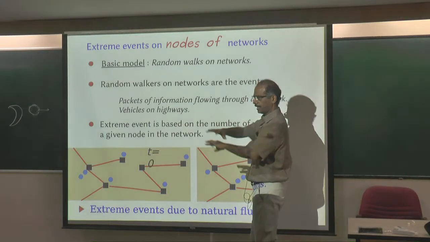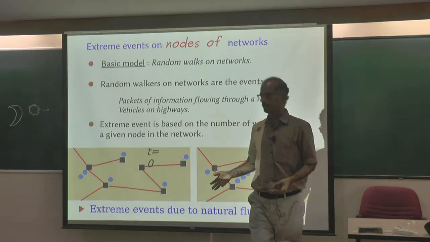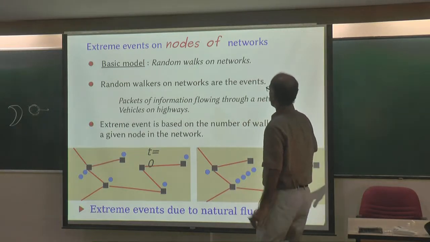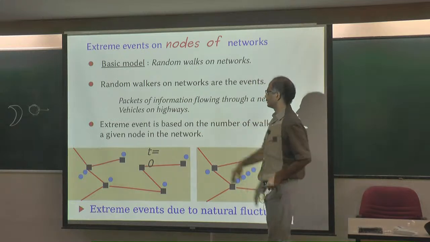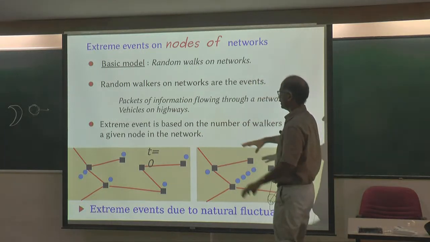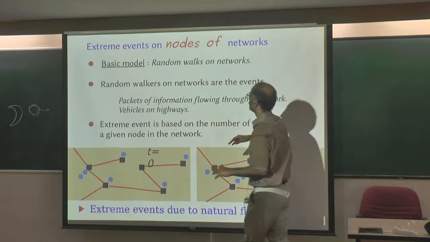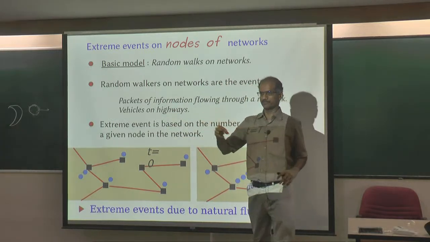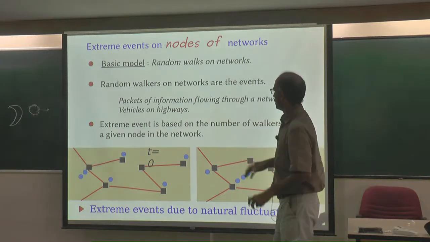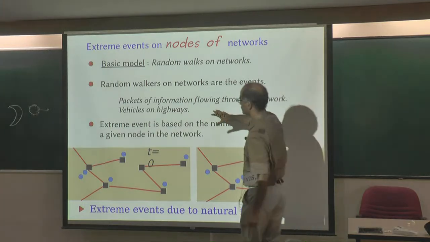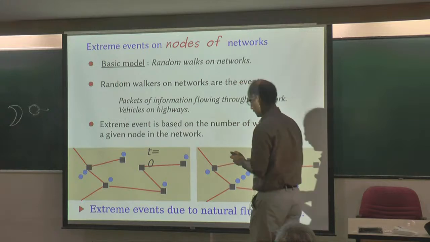Here I have a network. I don't need to explain what a network is, and there are random walkers on that network. To fix your mind on it, you can imagine that there are packets of information flowing on the network, or maybe something like vehicles on highways and so on.